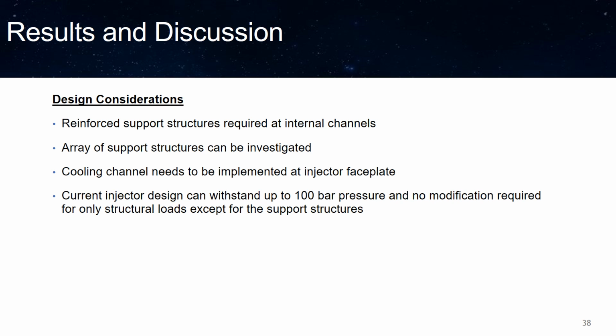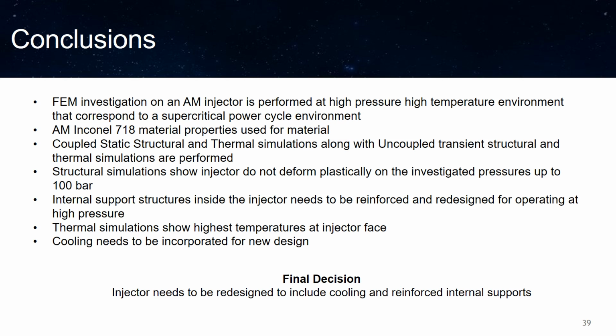A cooling channel needs to be implemented, and the current design of the injector can withstand up to 100 bar of pressure without any strength modification for the structural loads. We should only look into reinforcing the support structures for structural loads.